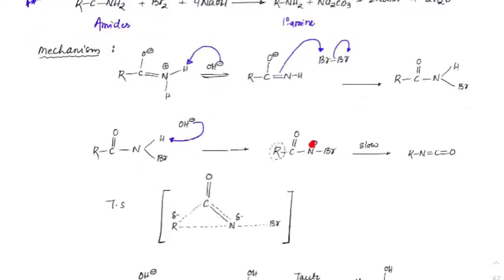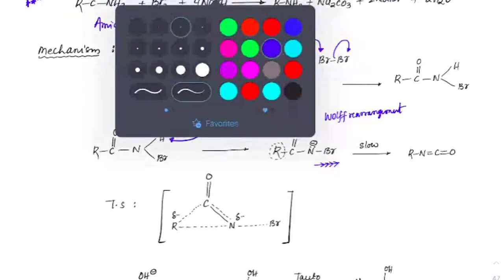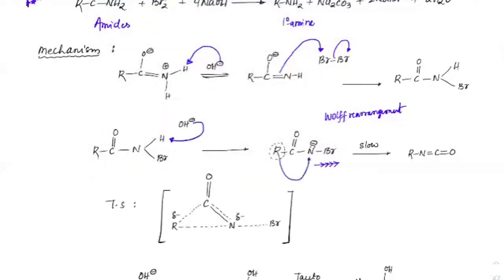Once you get the N minus charge, we have been discussing that if there is any withdrawing group and here this function has minus, then the alkyl group will shift. This is called Wolff rearrangement. So we will see Wolff rearrangement taking place here, where this R will shift onto nitrogen.